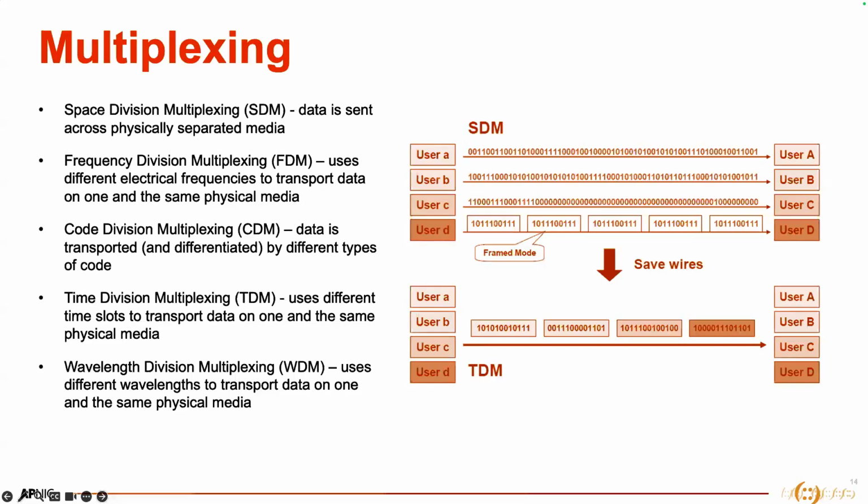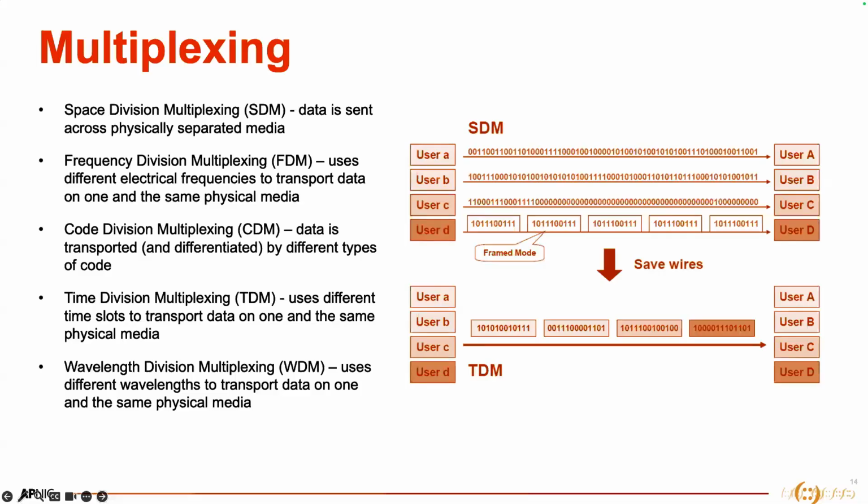So if there are 4 sources and 4 destinations, the data of source 1, then 2, then 3, then source 4, they will send their data one after another in their own time segment. And at the destination, data will reach the destination based on that time division or time segment.